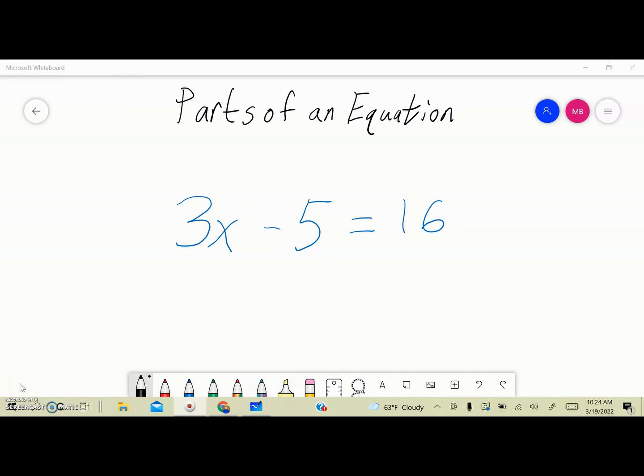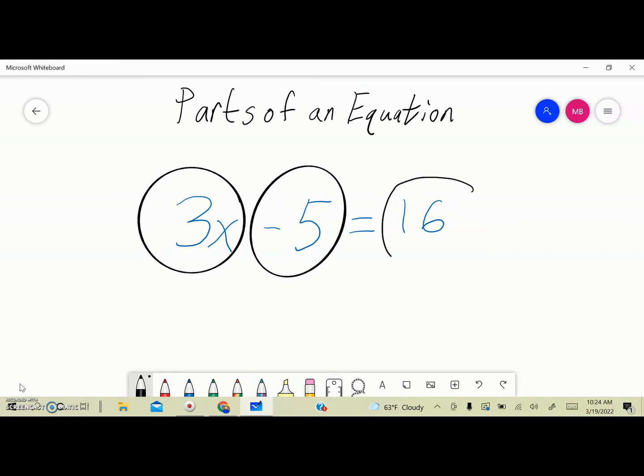The next thing that we're going to take a look at is something that all of these parts have in common. So we have 3x, -5, and 16, they all have one thing in common. They're each terms.